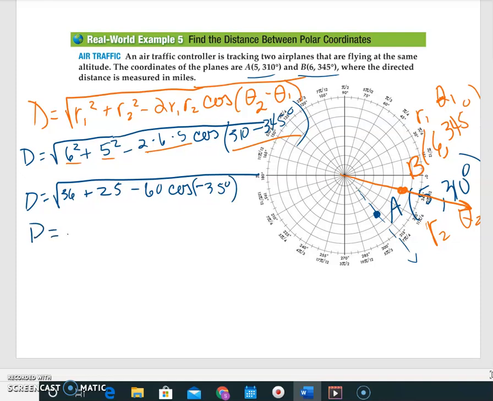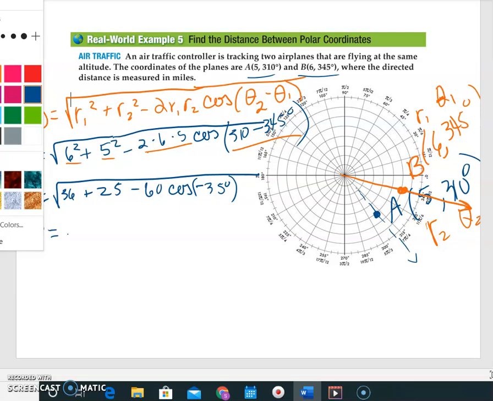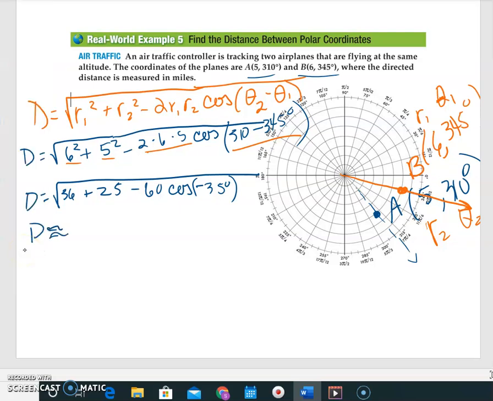And so I should be able to put all of that in my calculator and get an approximation. So I'm going to do the square root of 36 plus 25 minus 60 times the cosine of negative 35 degrees.